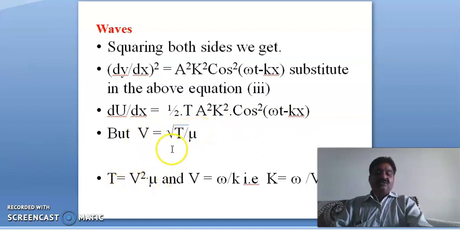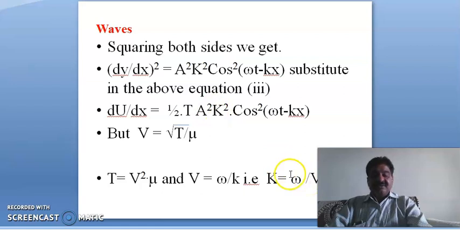Therefore, squaring and cross multiplication, we get T is equal to v square mu. And v is equal to omega upon k, that is, k is equal to omega upon v. These concepts we have already seen. So here, instead of T, let us substitute v square mu, and instead of k here, we substitute omega by v.